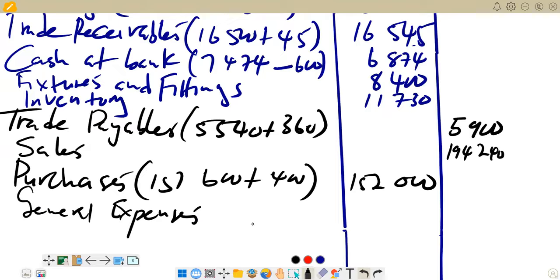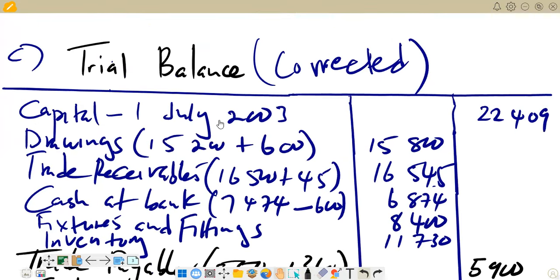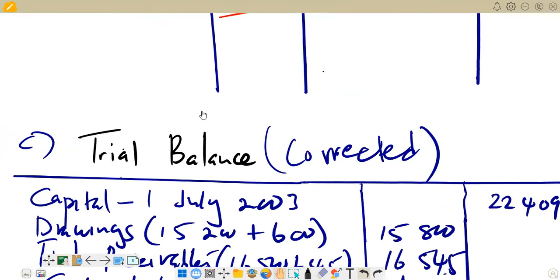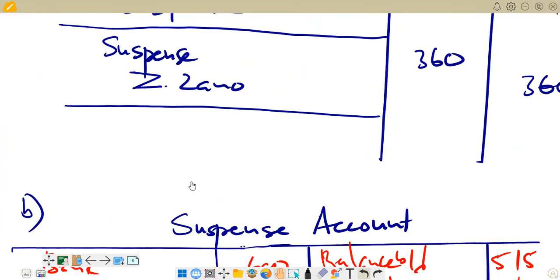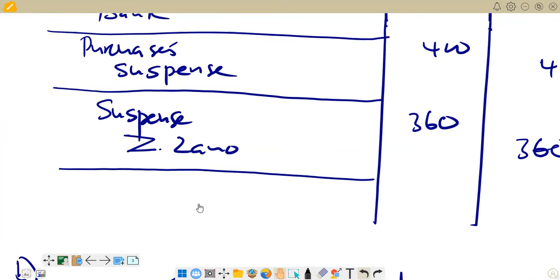So you can check that correction that we made for general expenses.